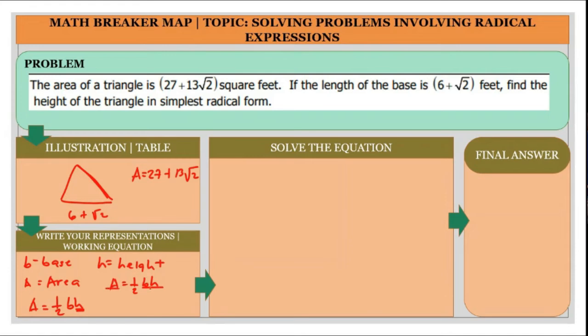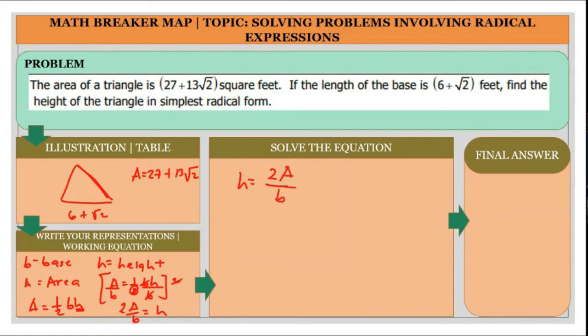We will be dividing both sides by the base and multiplying both sides by the denominator, which is 2. So this will lead to 2A over B equal to H. B in this side will be divided out, and 2 as well will be divided out. So now, H is equal to 2A over B.